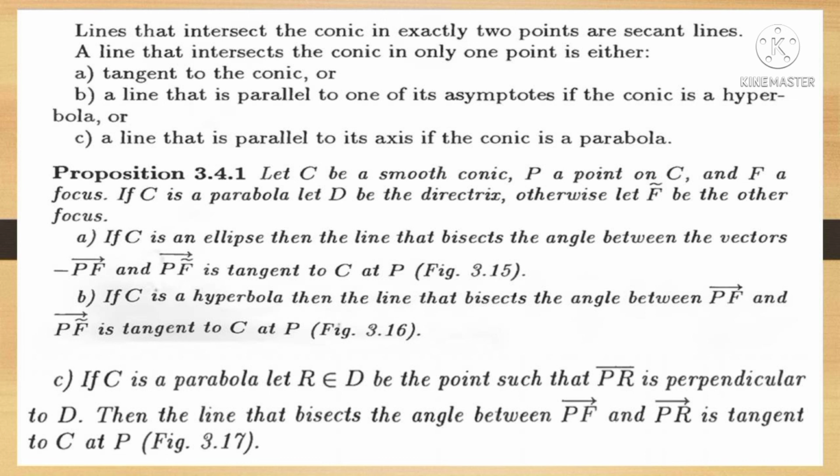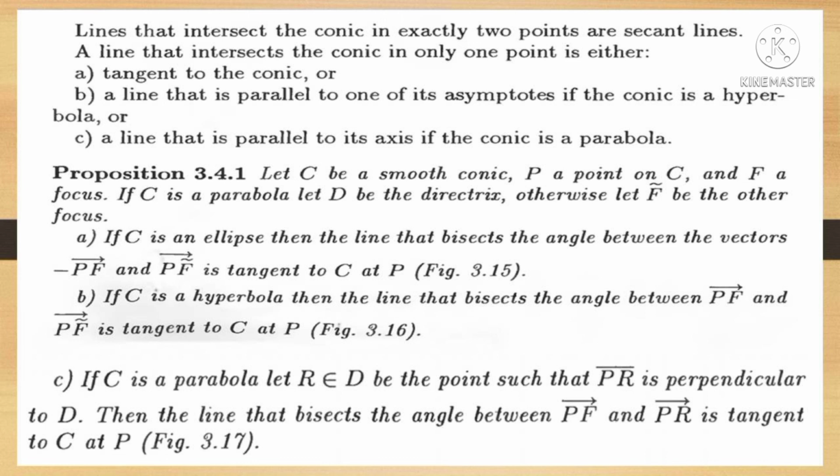Proposition 3.4.1. Let C be a smooth conic, P a point on C, and F a focus. If C is a parabola, let D be the directrix. Otherwise, let F tilde be the other focus.